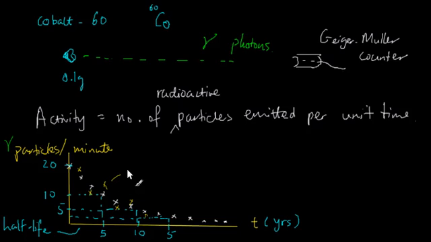So there is this random nature of the decay, and then there is this special property of the half-life. So if we think about our radioactive material, I'll just call it in general a radioactive material.